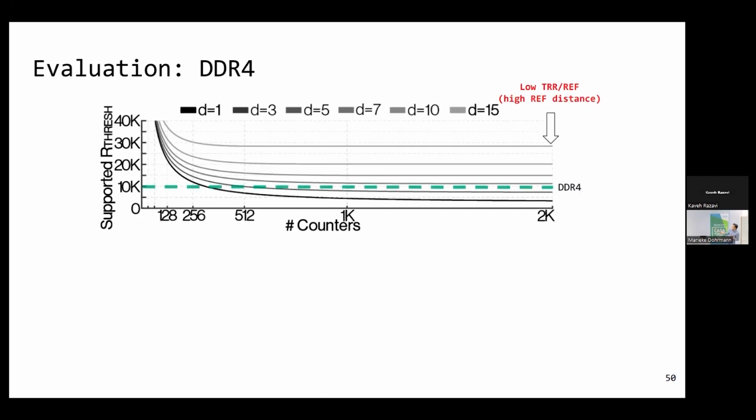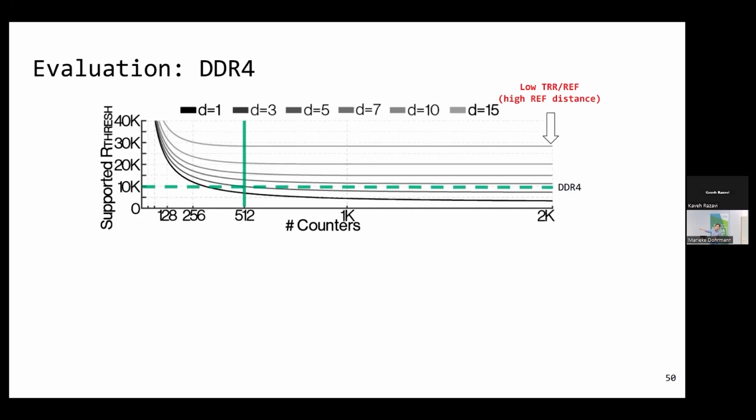Here is DDR4, the worst DDR4s that we have, about 10K. So we are here. Let's say your device can do a TRR every third refresh. So you will be here.